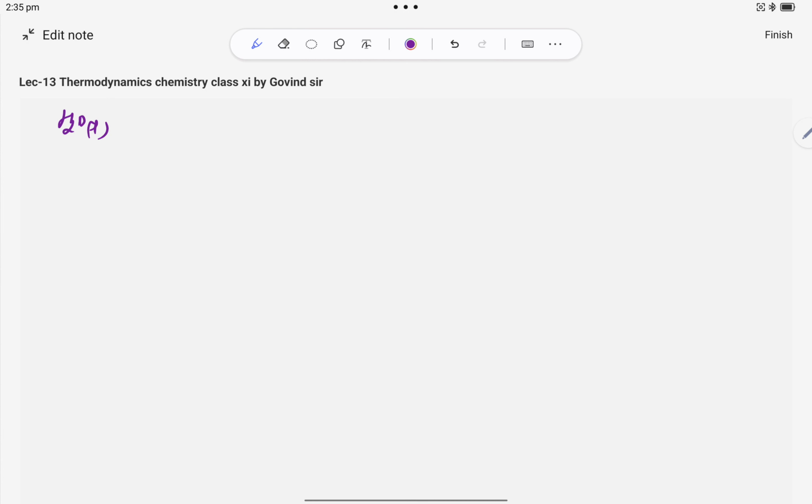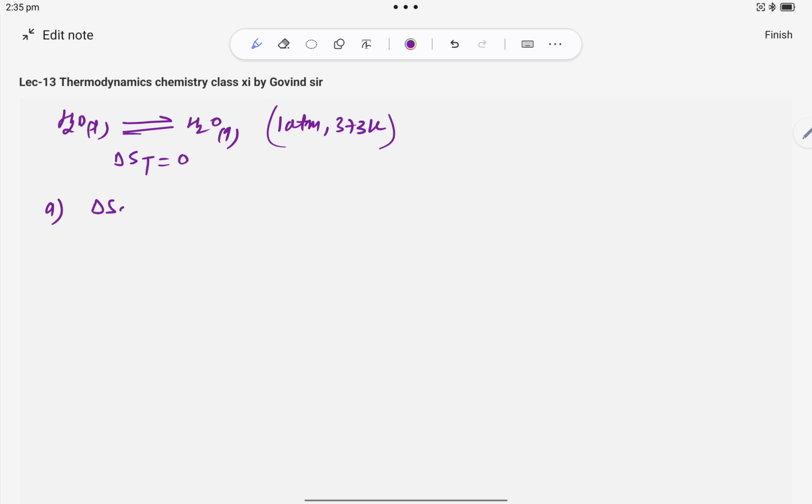H2O liquid to H2O gas, delta S total is equal to 0, at 1 atm pressure and 373 Kelvin temperature given. Four options are given.